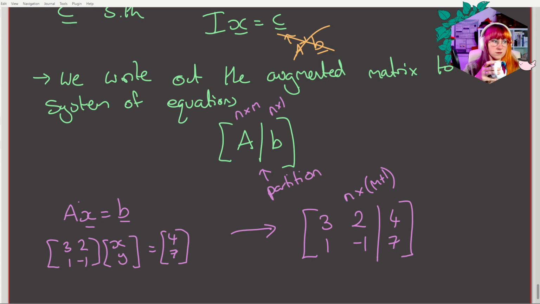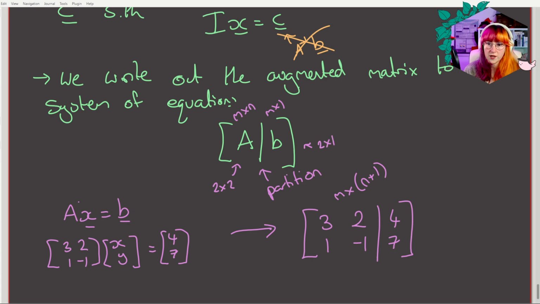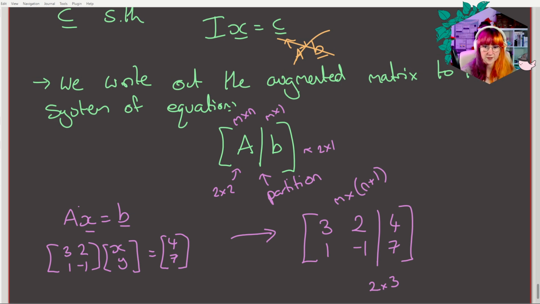L, M, N. Sorry, I am going to change that because that is actually upsetting me. So here this was a 2 by 2, and this was a 2 by 1, and now this is a 2 by 3. Okay? So this is our augmented matrix.